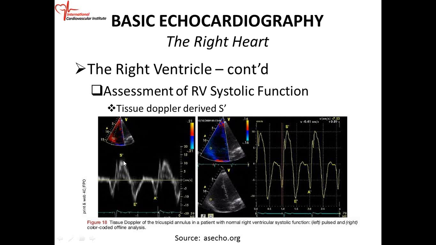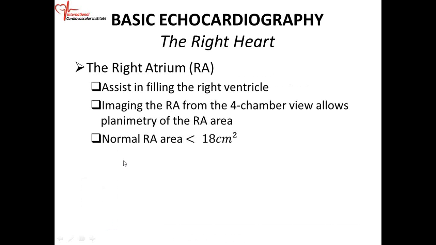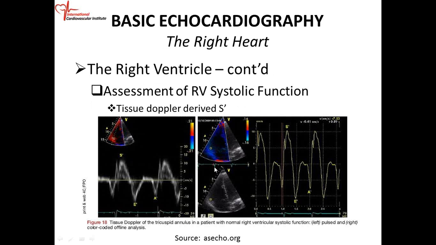Very important: when you do your strain and strain rate, as you will go over this, all you need to remember now is that you can use strain and strain rate to evaluate RV systolic function, and it's probably the most accurate method.